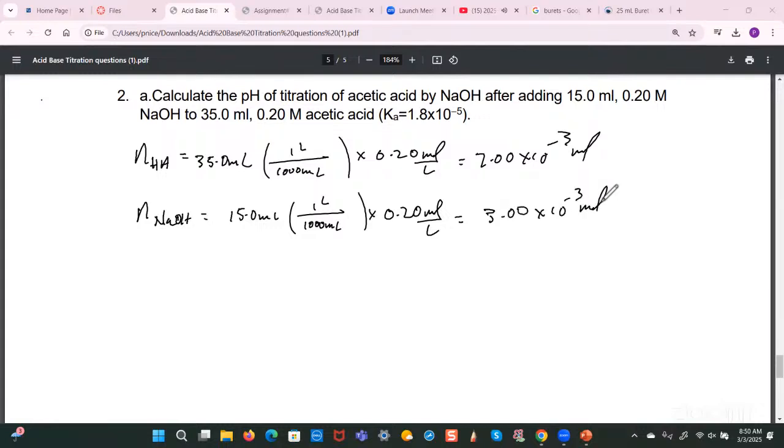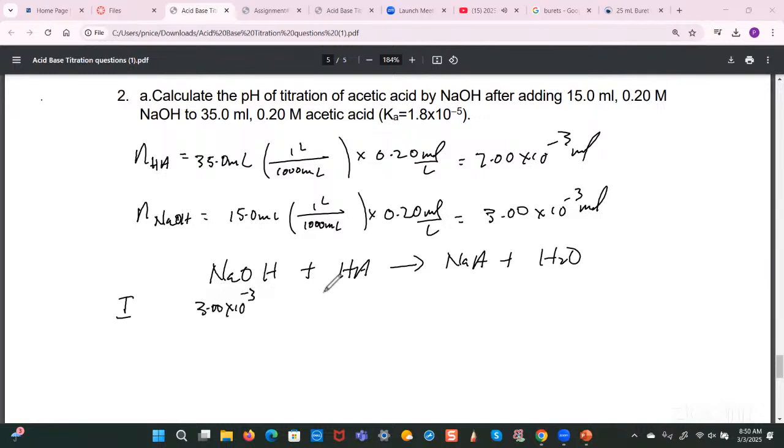And then we set up our ice table. Of course, we have to write down the equation for the reaction. Sodium hydroxide plus the acetic acid to give NaA plus H2O. Then, like before, we set up our ice table. Initial values for the sodium hydroxide: 3.00 times 10 to the minus 3.